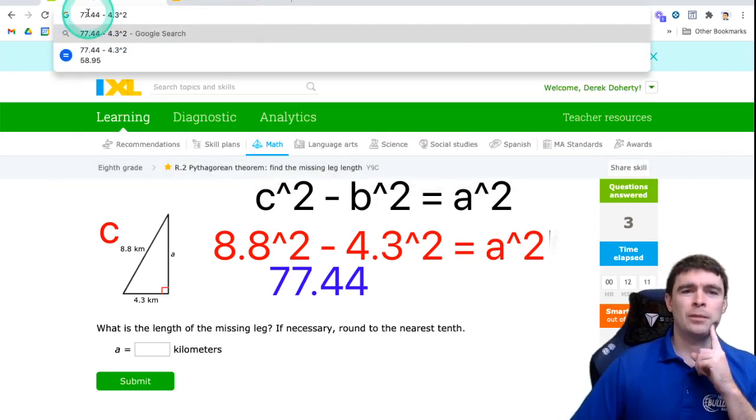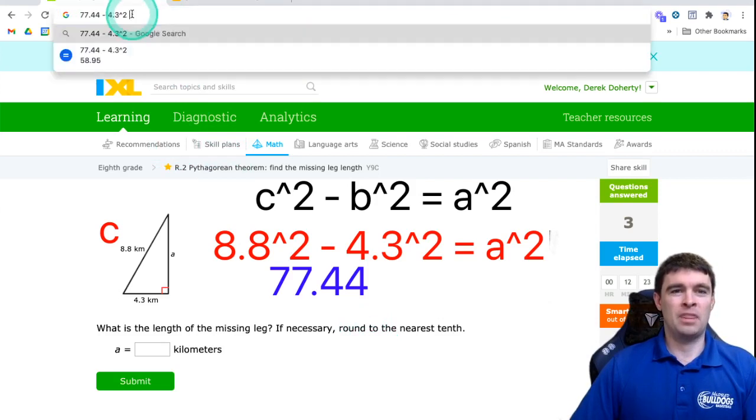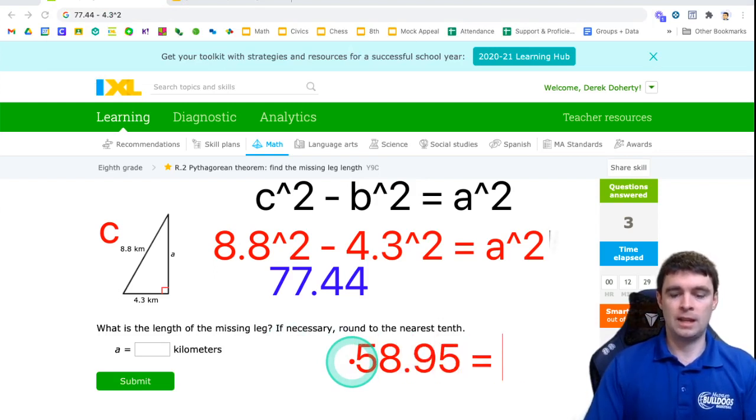When we do 77.44 minus that number, we get 58.95. And sorry to be rushing this a little bit, the video's gone long. But that there is how we get the 58.95. That must be equal to a squared.